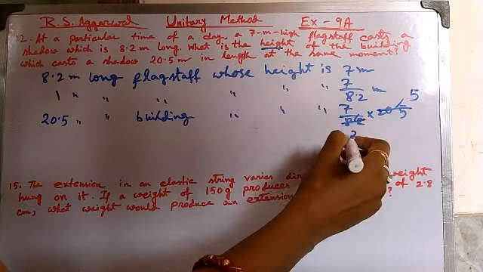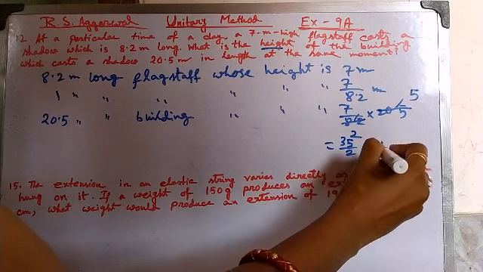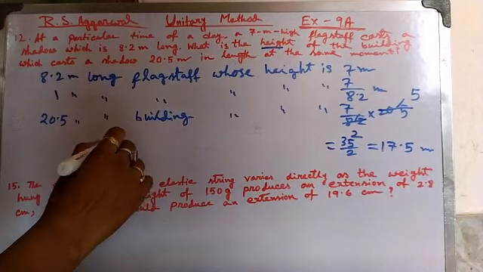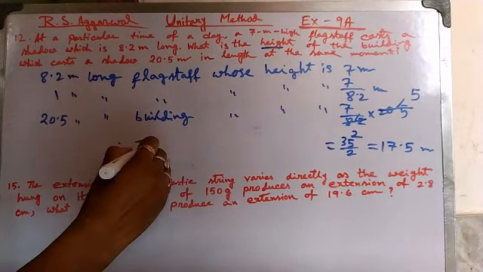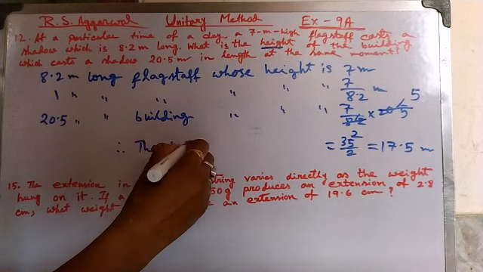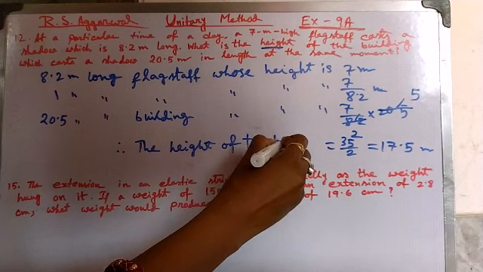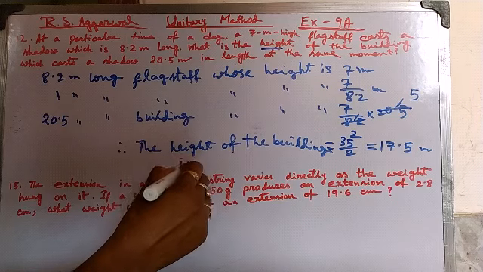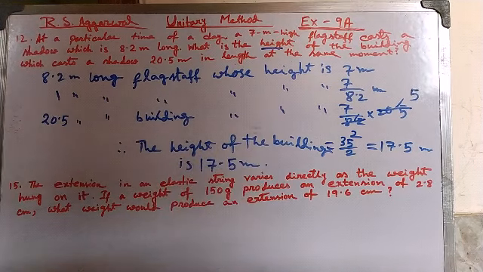Then this will be 7 5s are 35 by 2, then it is 17.5 meter. So this is the answer. Therefore the height of the building is 17.5 meter.